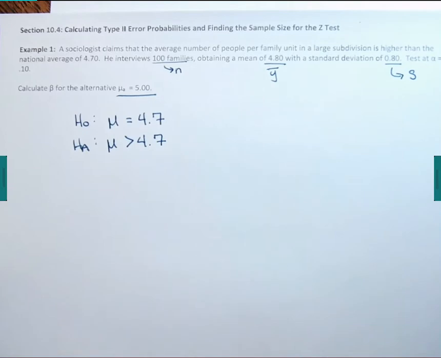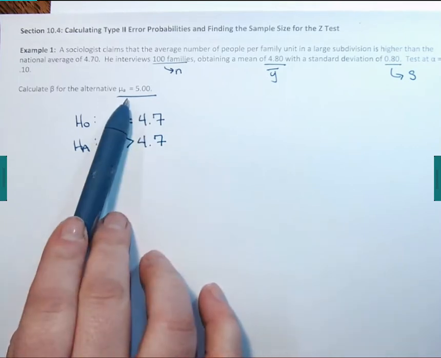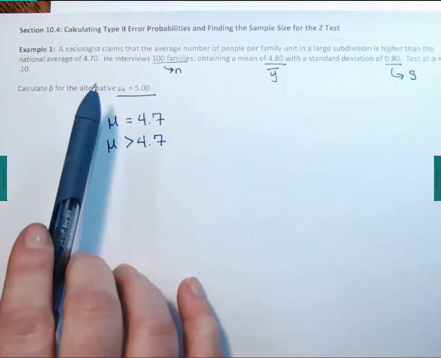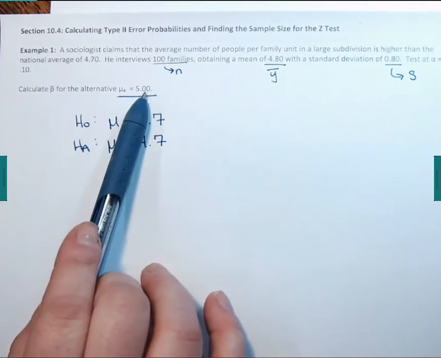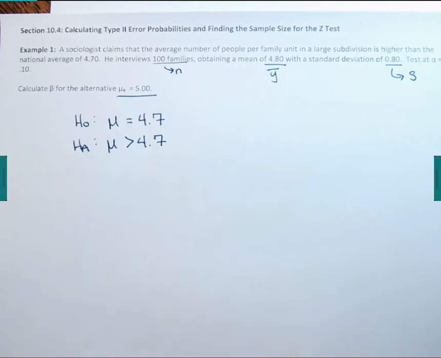So notice that the alternative is any value greater than 4.7, and 5 is greater than 4.7. So this is a specific place in the alternative. Whenever we calculate beta, we have to pick a specific place in the alternative. We could redo this example for 4.8 or 4.9 or 10 or 5.7, anything that's greater than 4.7 would be a valid option, because we're going to look in the alternative hypothesis.